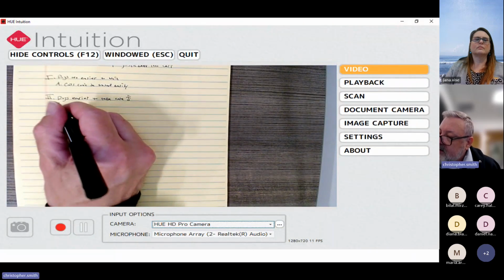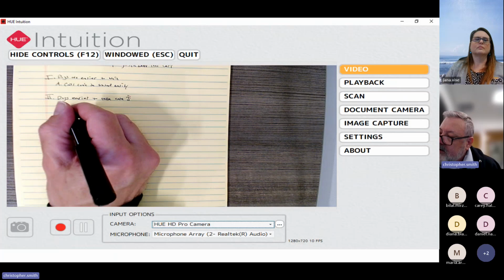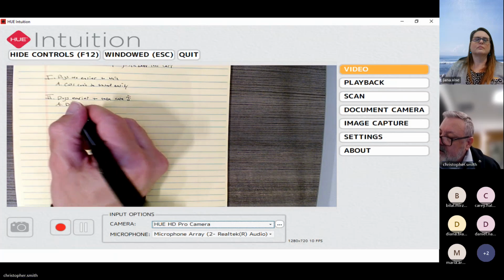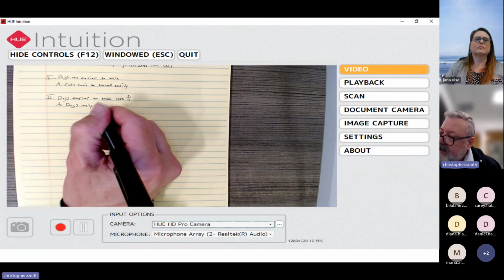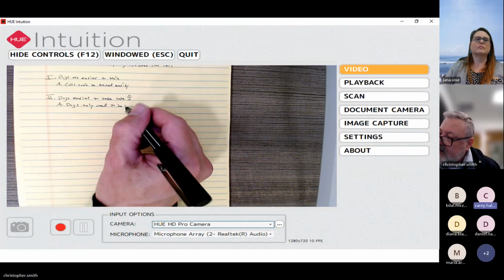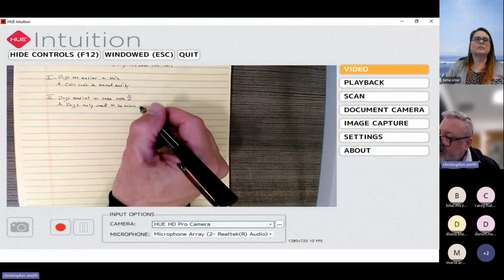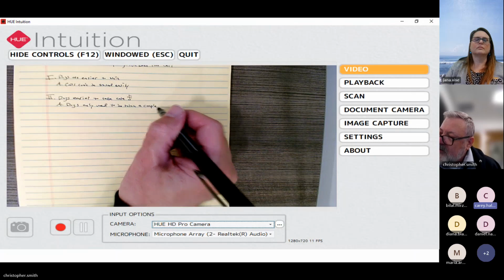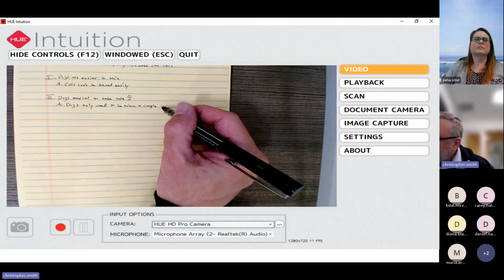And then our subheadings might be: dogs only need to be taken out once or twice a day. Probably one time a day isn't fair to your dog.